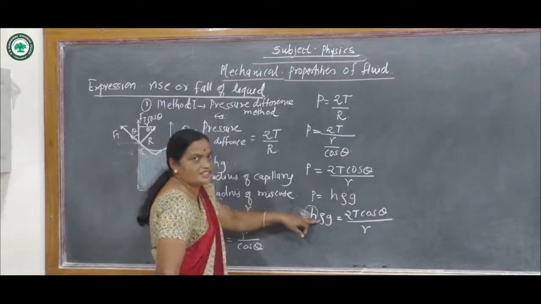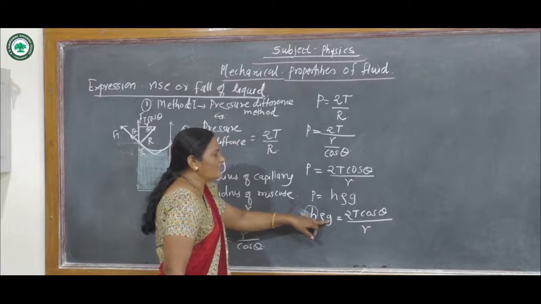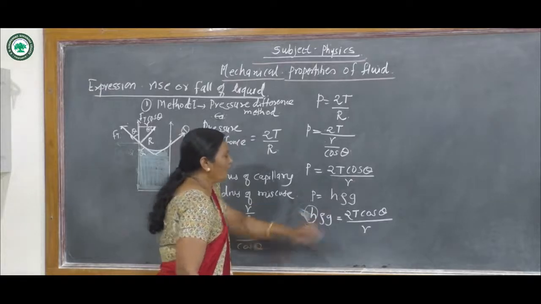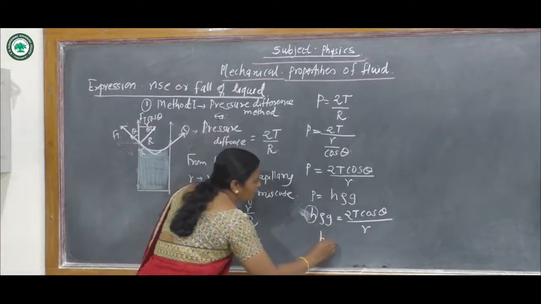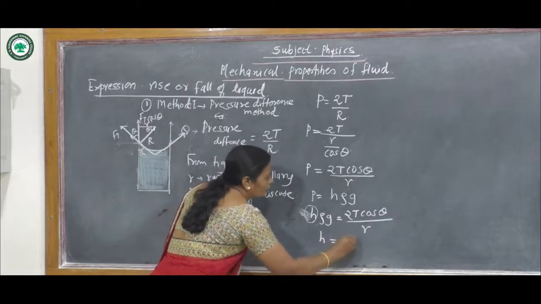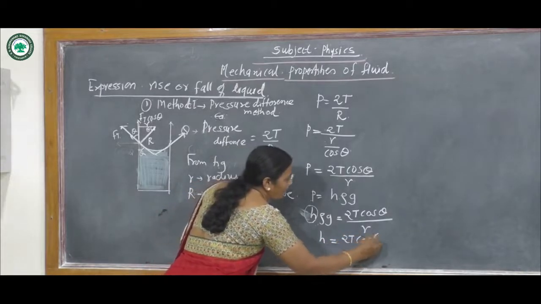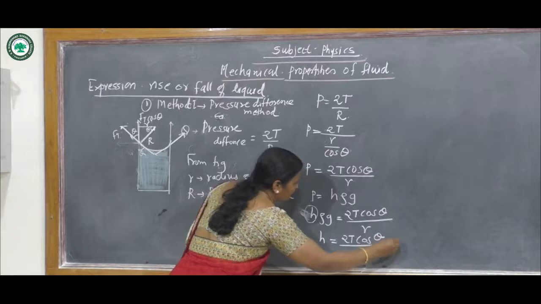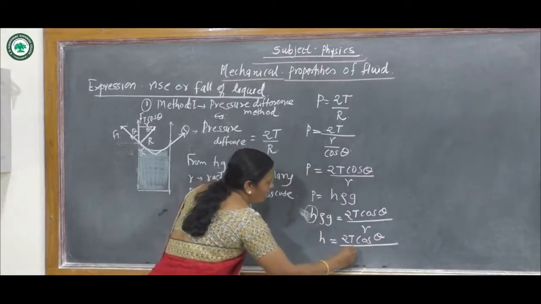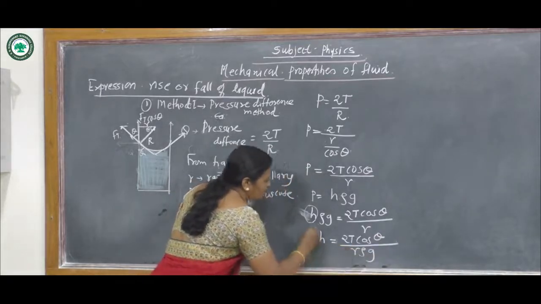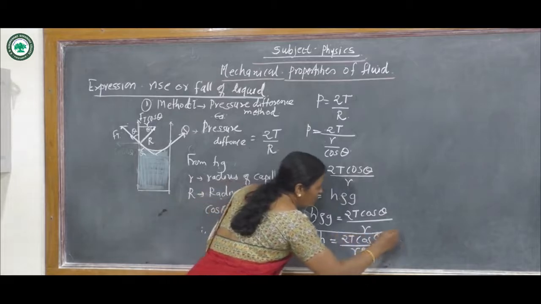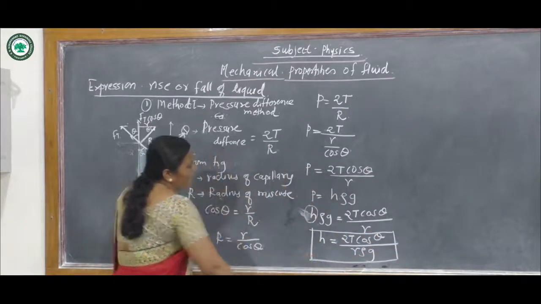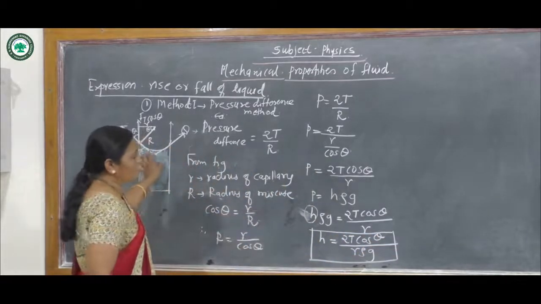Rho is the density of mercury. G is the acceleration due to gravity. We get H is equal to 2T cos theta divided by R rho G. This is the rise or fall of the liquid column in a capillary tube.